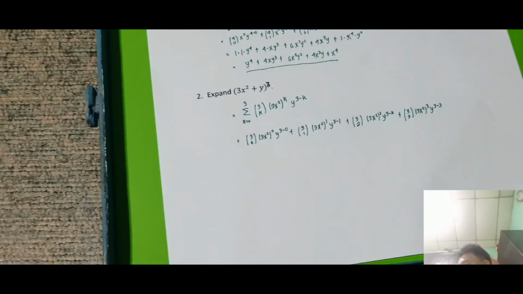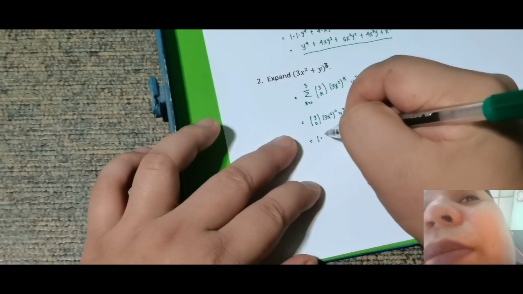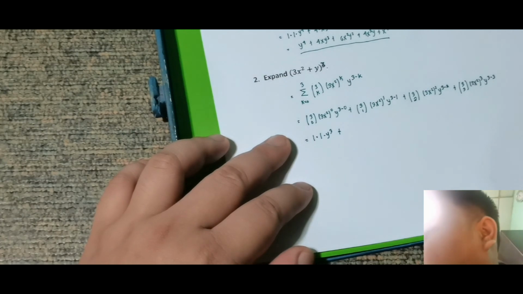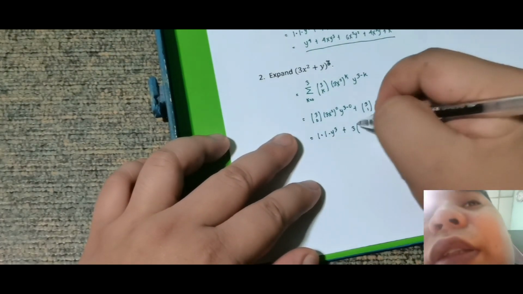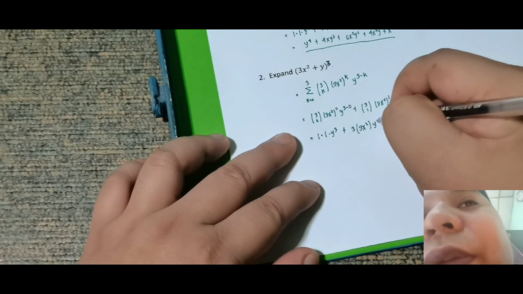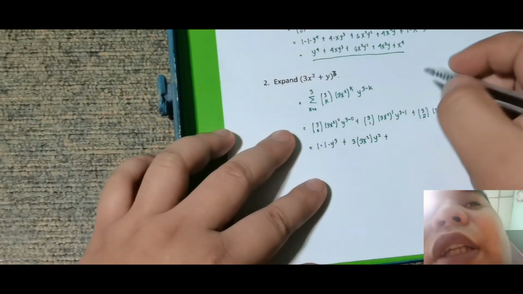So guys, shortcut ko na lang. 3 taken 0 is obviously 1. So this is 1 multiplied by 1 multiplied by y cube. Plus 3 taken 1. What is 3 taken 1? That is n. So this is 3 times 3x squared tapos y squared. Then plus 3 taken 2. So 3 taken 2 is just n pa rin. So that is 3. 3 taken 2 is 3.